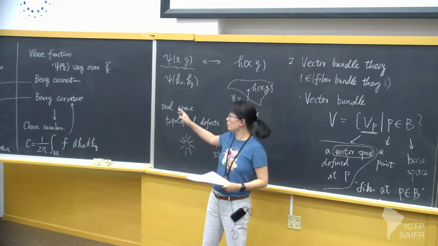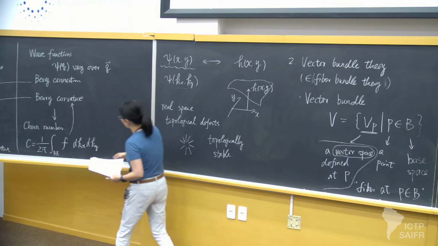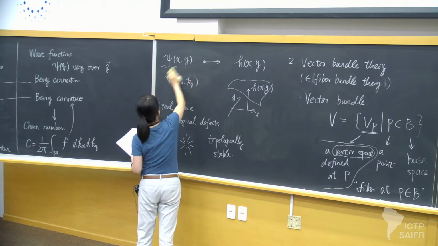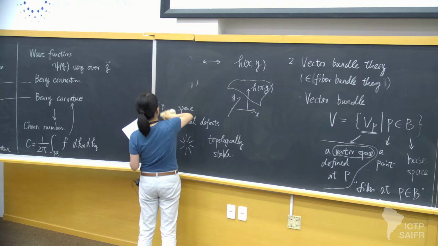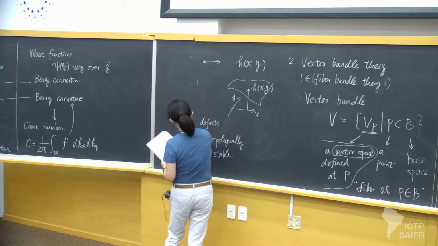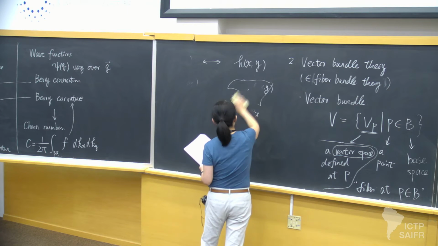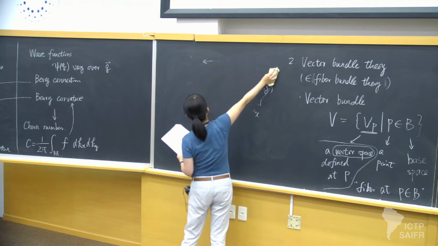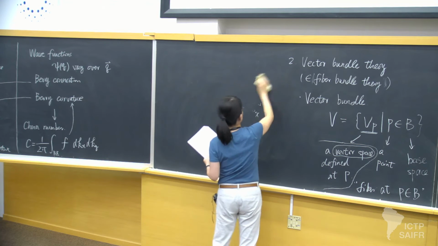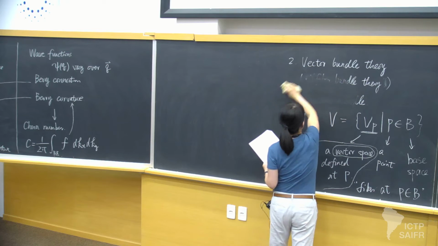Okay, so we talked about this mapping between differential geometry and wave functions. And to finish this part of the generic discussion, I would like to just add one more leg to this analogy, which is with gauge fields.